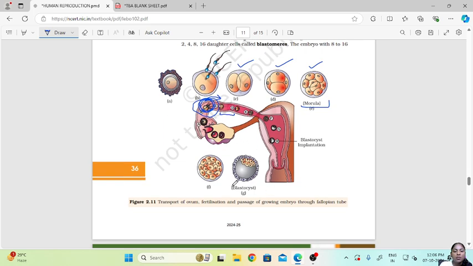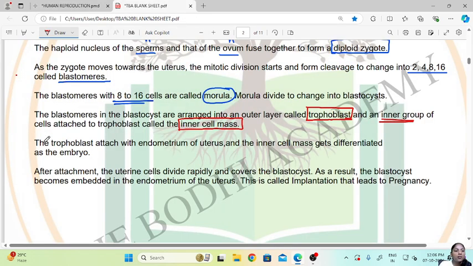As we can see here, this is the blastocyst. This outer layer is called the trophoblast and the inner part is called the inner cell mass. Now the trophoblast attaches to the endometrium of the uterus and the inner cell mass gets differentiated into the embryo.